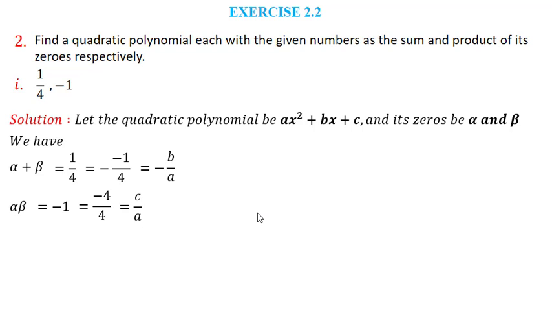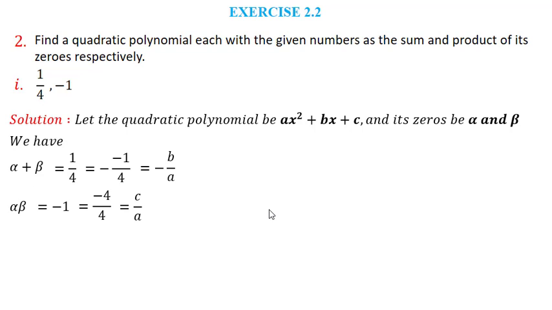So this is how you have to proceed. You have to see to it that your value of a, that is the denominator, in both cases, alpha plus beta and alpha beta, should be the same. So you have to take the LCM of the denominators. Here it is 4 and here 1, so we have taken the LCM of 1 and 4, and accordingly made the denominator the same for both.